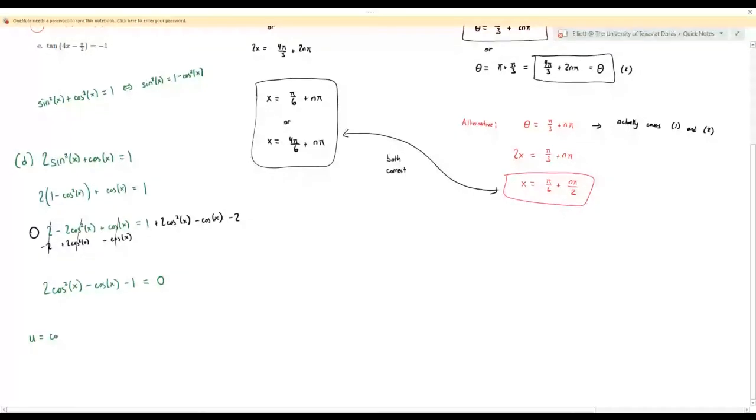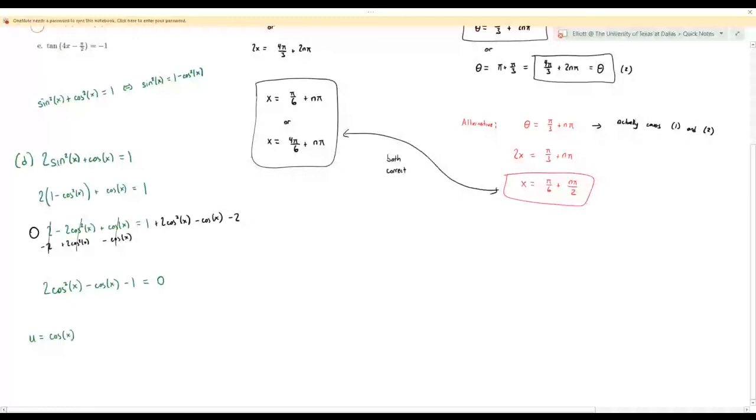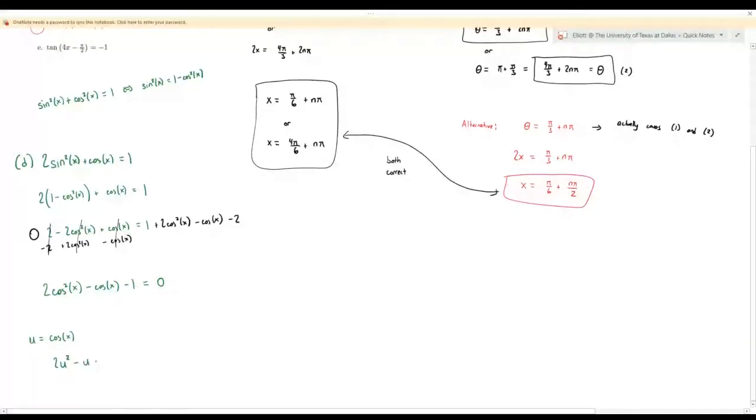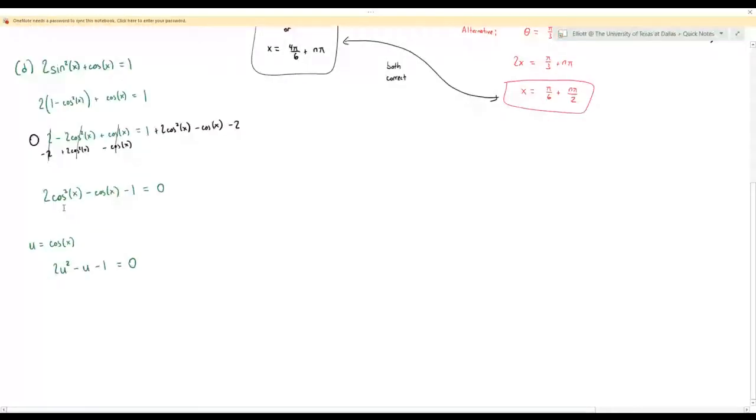If we think of cosine of x as being a single variable, which I'm going to call u for the moment, this equation could be written as 2u squared minus u minus 1 equals 0. So you don't have to rewrite it in terms of a new variable u like that. But I think for some people that might look better if you do so.